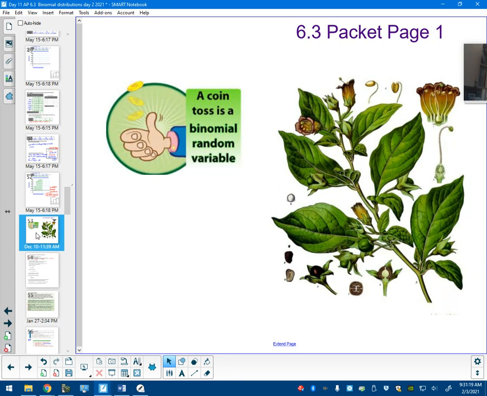I have the coin flip on there, and who knows why I have that plant on here to represent binomial? Does anybody know why I have a plant like that? In biology class, don't you do traits and Punnett squares and things like, are the branches exactly across from each other, or are they alternating?